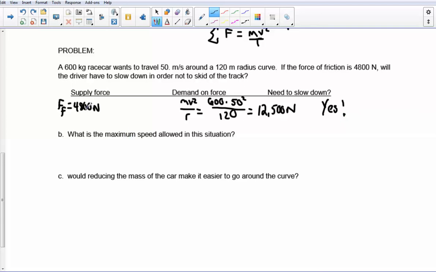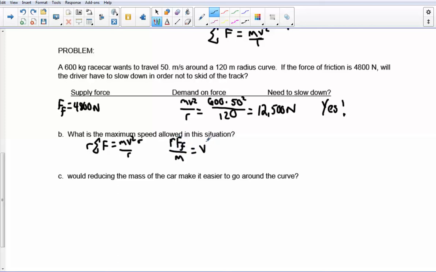Another way of asking it: we know that 50 meters per second is too fast around a 120 meter radius curve, so what is the maximum speed? If we think of it as having some amount of force, the 4,800 newtons due to friction, we want to know the maximum v that's allowed. If we solve for v, we cross multiply by r, so we have r times the frictional force, and then we divide by m.